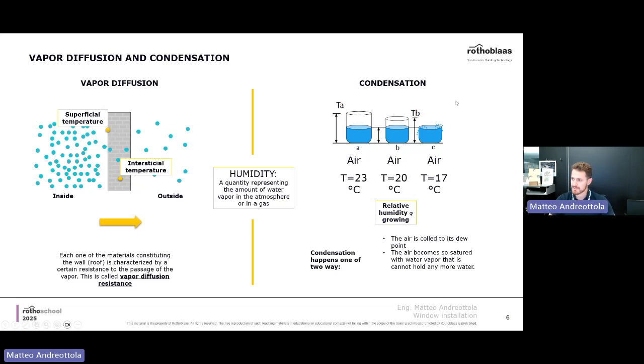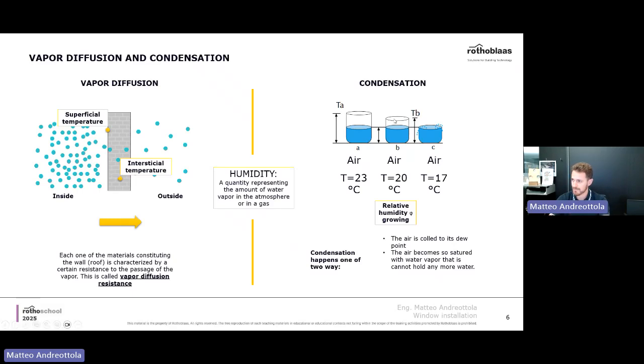And why exactly does condensation happen? This is again a very simplified explanation. You see that at a certain temperature, when it's hot, air is a gas that varies its volume depending on the temperature. So when the air is hot, it can contain a lot of vapor molecules.